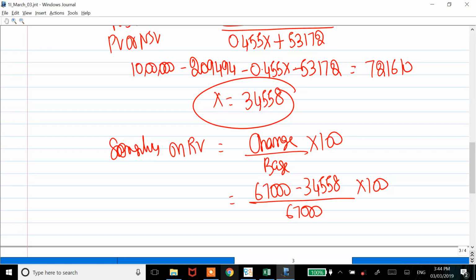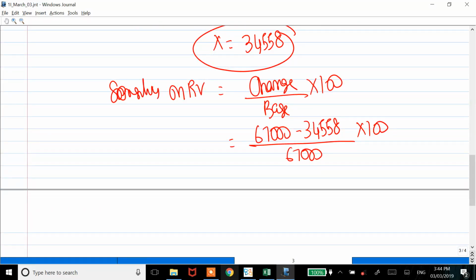That is, if my residual value falls by this percentage, the decision will get reversed. The sensitivity basically tells change by base into 100. So we have a cushion of 48.52%. Any doubts on this?